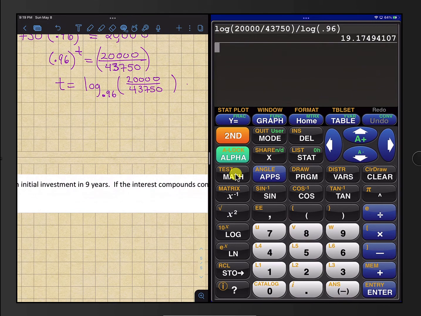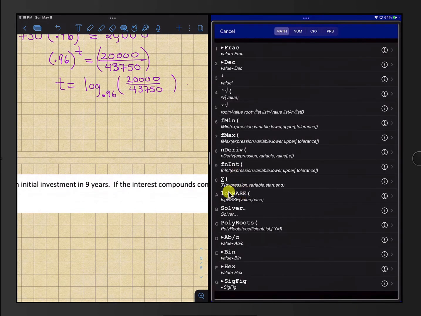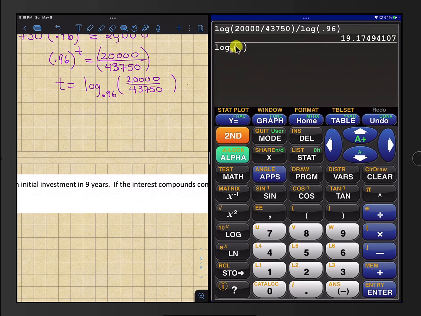All right, method number 2 is to go into the math menu. So you press the math button, then you go down here where it says log base, and then you type in the base number, which is 0.96, and then type in the fraction that's in the parentheses.